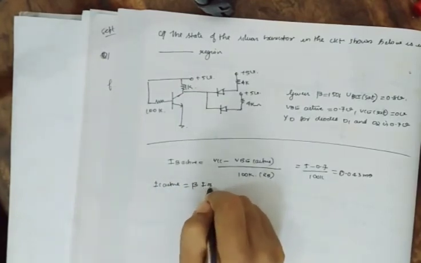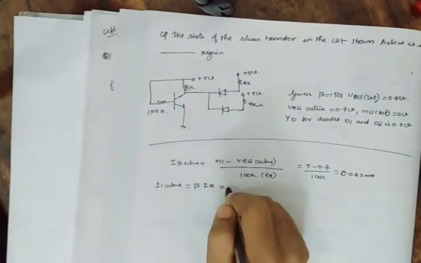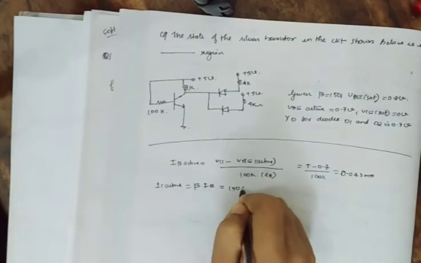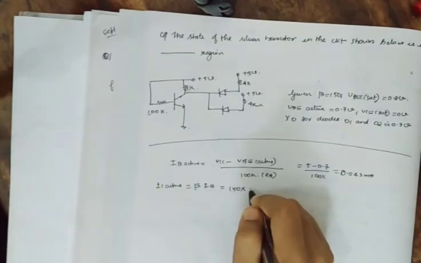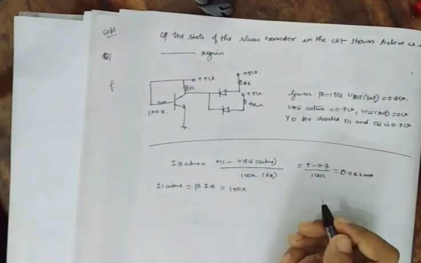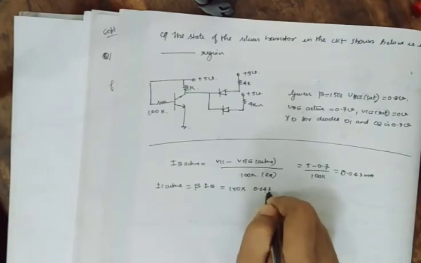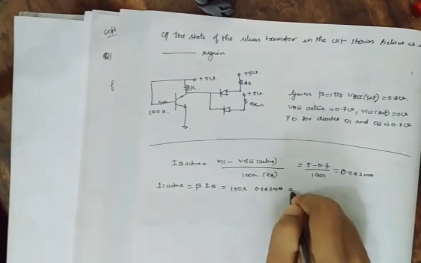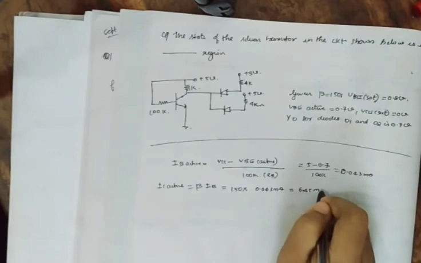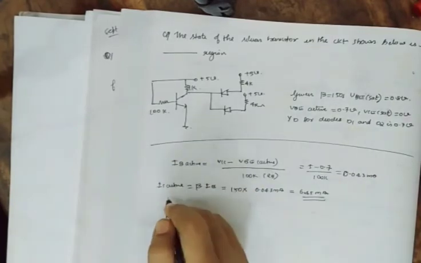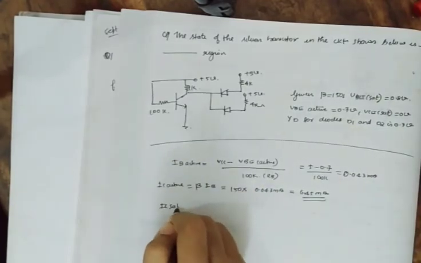Now IC active equal to beta IB, which is equal to, how much is beta? 150, right? 150 into IB is 0.043 milliampere. We'll get 6.45 milliampere. Okay, now we'll get IC saturation.